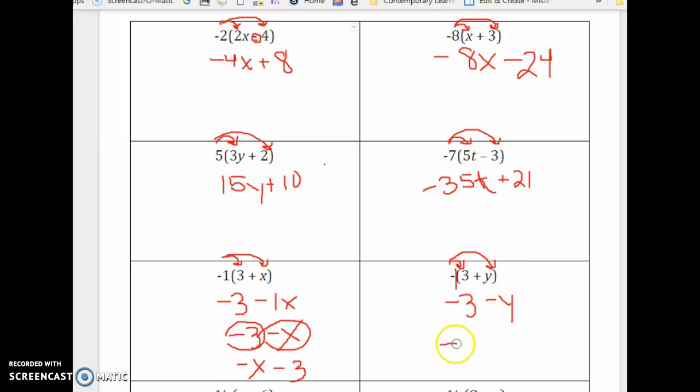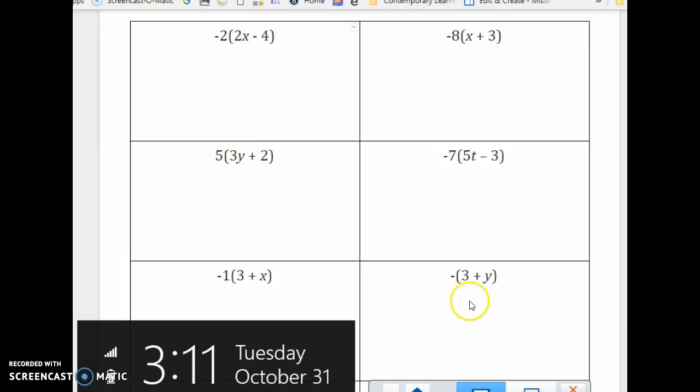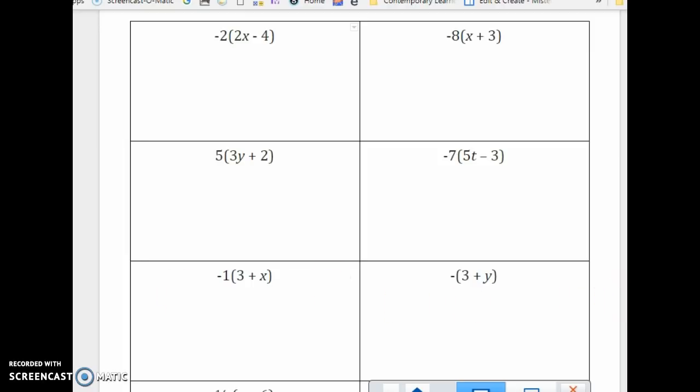I should rewrite this. So it's -y minus 3. Variables almost always go first. Okay, take a second and make sure you have all this. I'm going to go to the next page here, move down further.